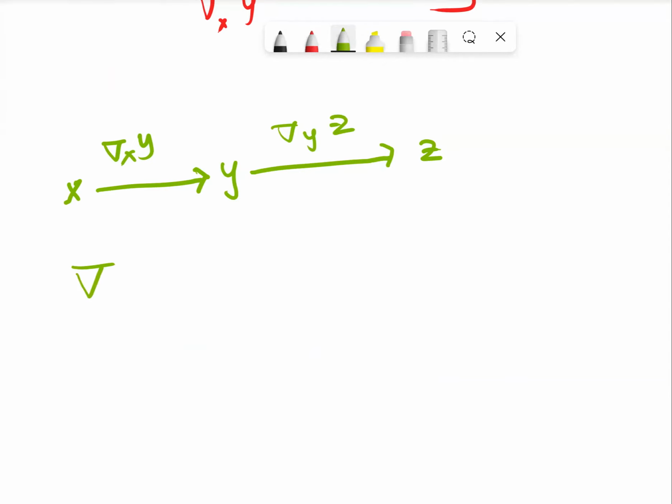What is the derivative of Z with respect to X? Can anyone tell me? Multiply them how? Is there an order, or can I multiply them in any order?